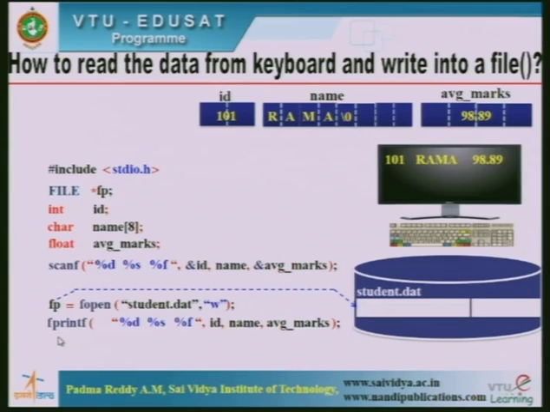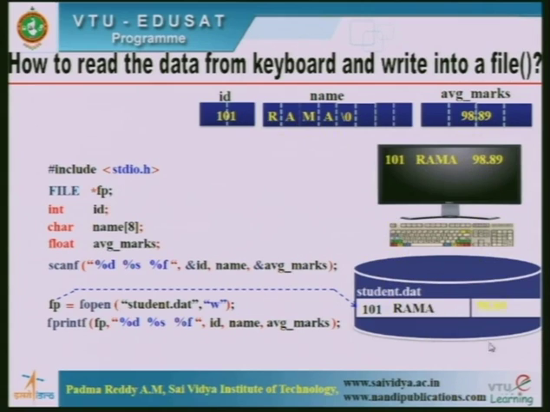fprintf. The syntax of fprintf is that first you write the file pointer. So here I write fp. Fp points to the file. Now the values of id, name and average marks will be written into this particular file. So 101 is read from the memory and written into the file. Next, Rama is read from the memory and written into the file.